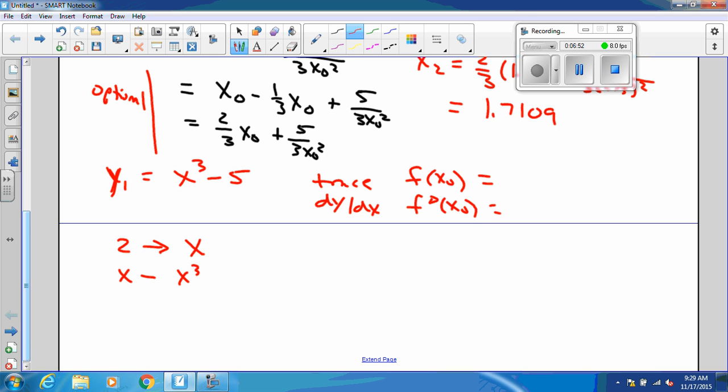So that would be x cubed minus 5 over 3x squared, and then store that in x also. This now sets you up for iteration, because once you hit enter on this, if you hit enter again, it will iterate with the new value of x for you. Does that make sense?